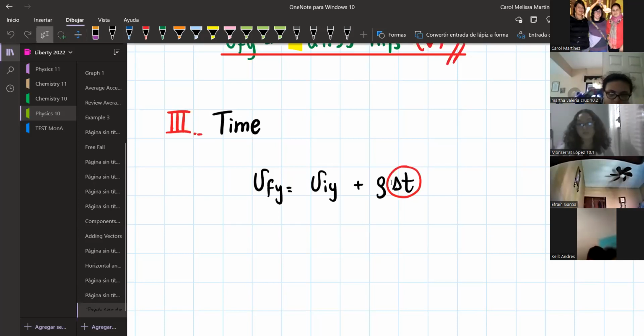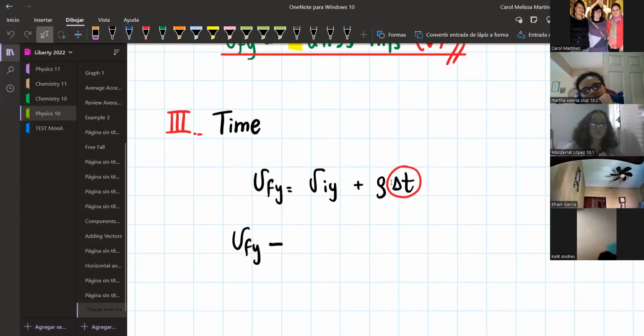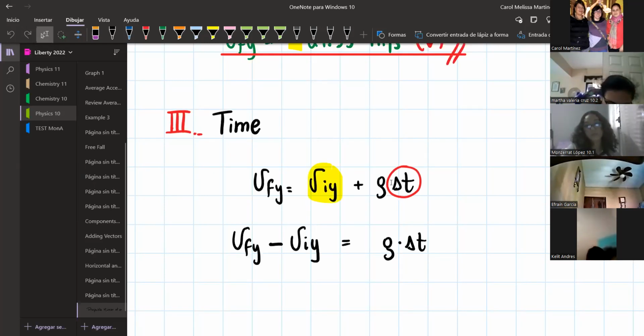So let's analyze. Initial velocity in y here has an invisible positive symbol because this term is adding. So if you want to get rid of it, you will send it to the other side of the equation by doing a subtraction. So you will have final velocity in y minus initial velocity in y equals gravity times delta t. All I did was remove initial velocity from here to the other side. It was adding, so it came to the other side to subtract.